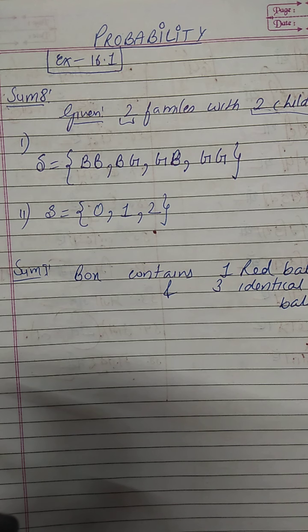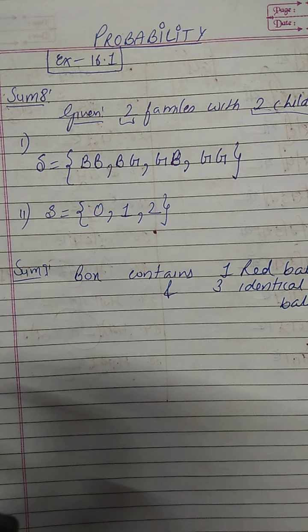All are the same balls, and two balls are drawn at random in succession without replacement. In succession means from the box, first of all we take out one ball and then we take the second ball. It is not that both balls collectively are picked up from the bag.